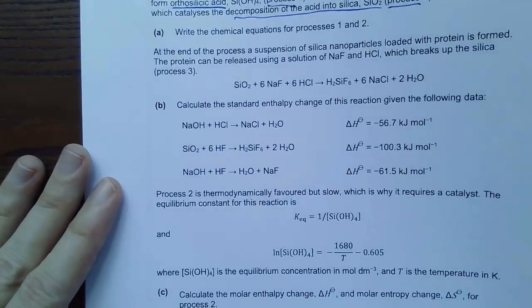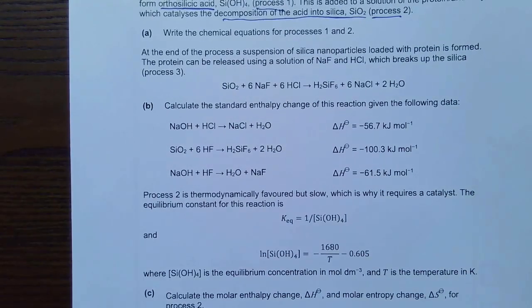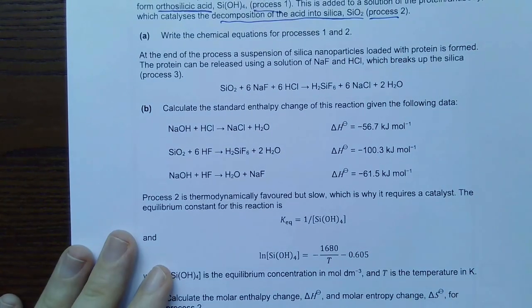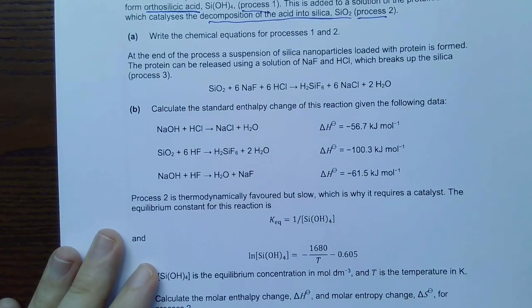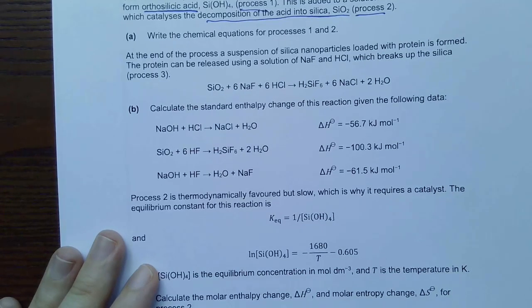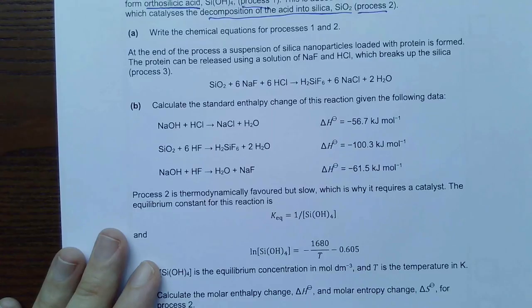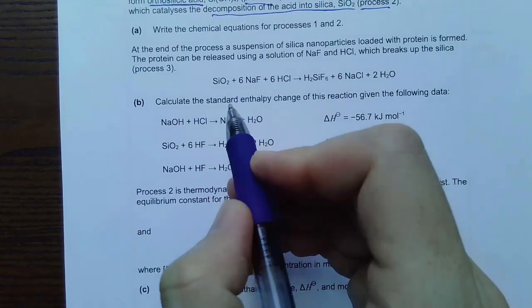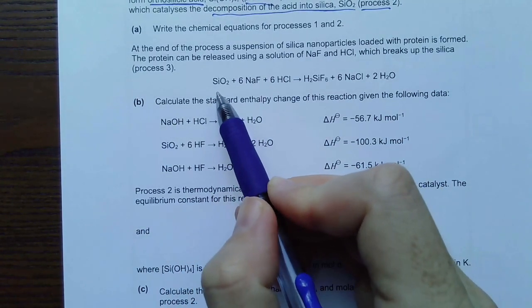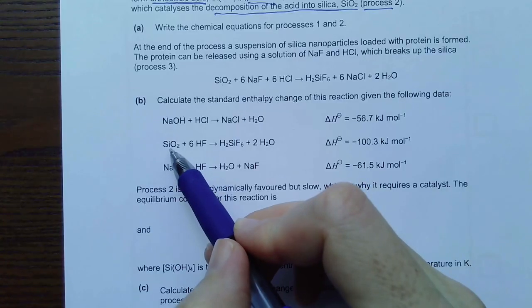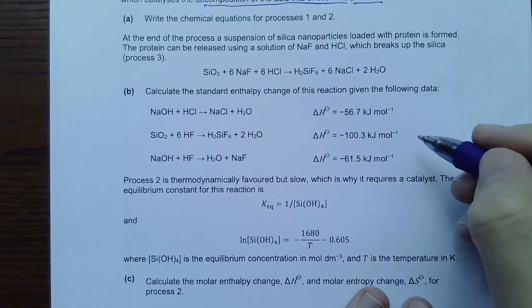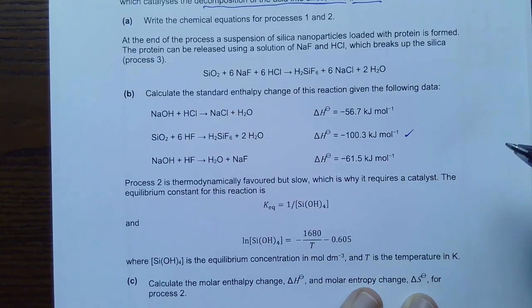Then we have an enthalpy calculation, so calculate the standard enthalpy change of this reaction given the following data. Depending on how confident you are, for this one I would look and say, okay, I've got silicon dioxide here and I've got silicon dioxide here, so I'm going to need that one as it is.